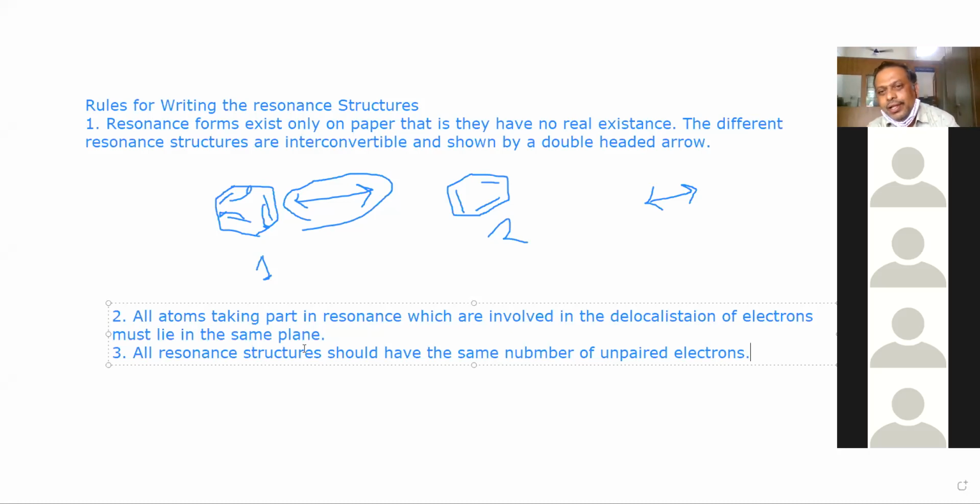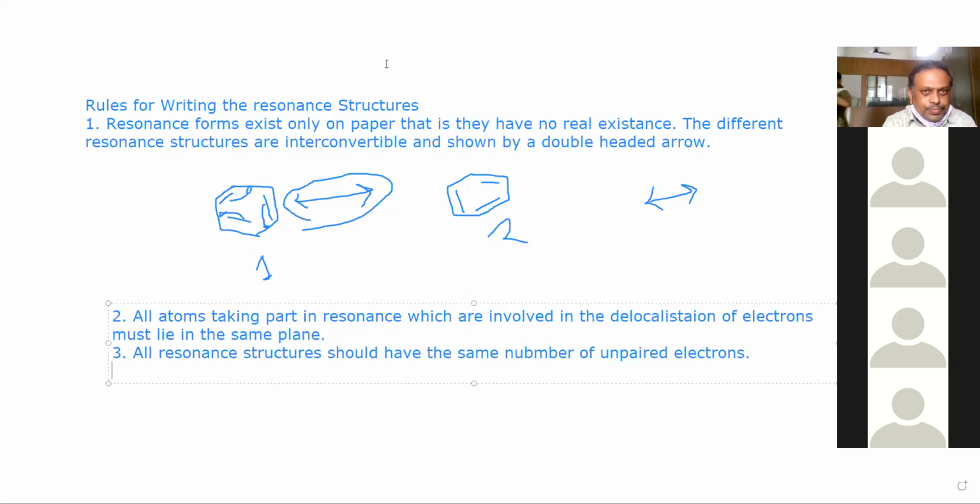Rule number 2: all atoms taking part in resonance which are involved in the delocalization of electrons must lie in the same plane. जर out of plane असतील, planarity loss झाली तर resonance is not possible. Rule number 3, all resonance structures should have the same number of unpaired electrons.